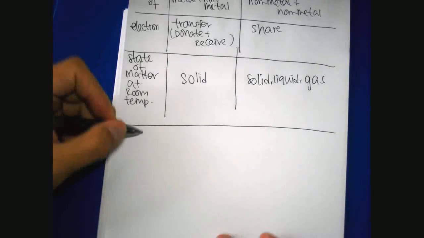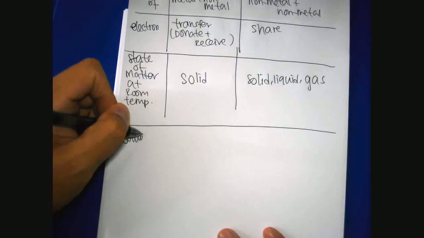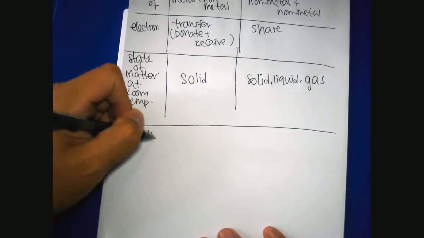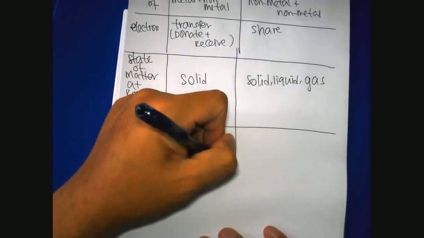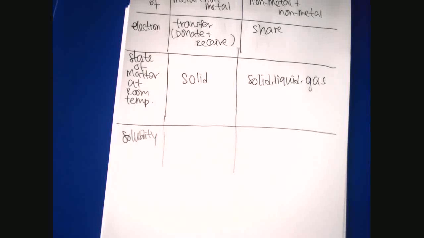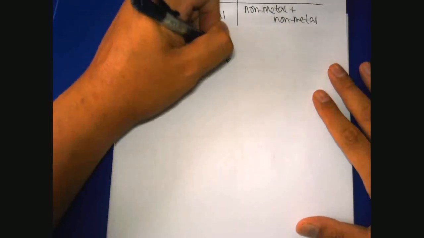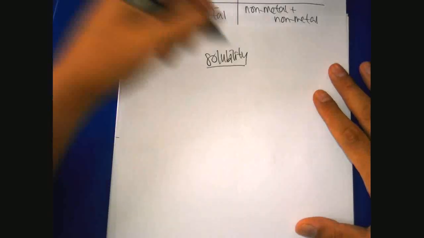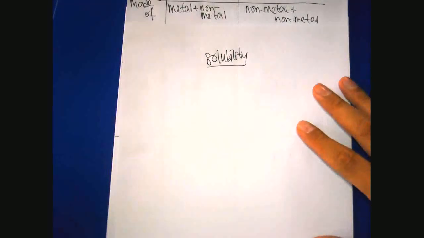The next thing we have to learn is called solubility. When it comes to solubility, we are talking about whether this substance is soluble or not. I want you to know that if we want to dissolve a solid, there are two possible solvents. First of all, I want you to understand what solubility means.